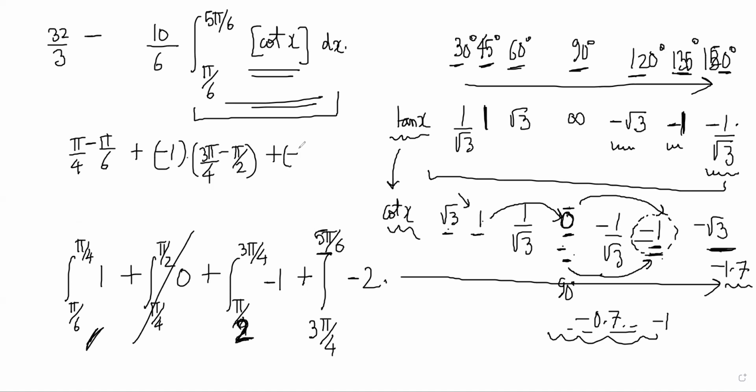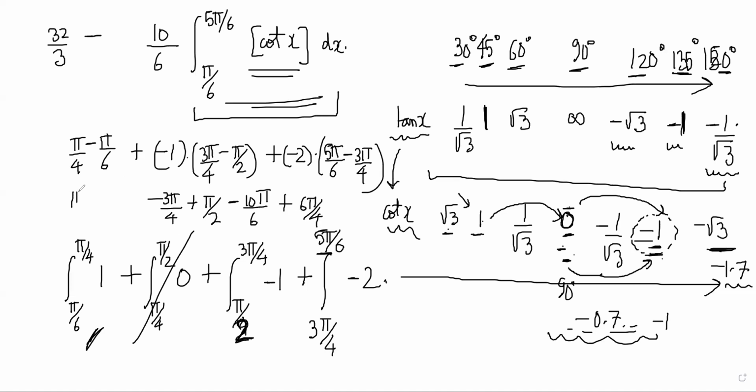And then you have a -2 times 5 pi by 6 minus 3 pi by 4, right? So you have -3 pi by 4 here, plus pi by 2 here, minus 10 pi by 6 here, plus 6 pi by 4 here, and a pi by 4 minus pi by 6 here.